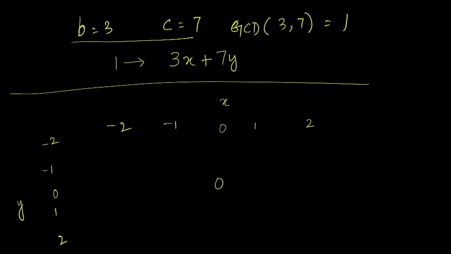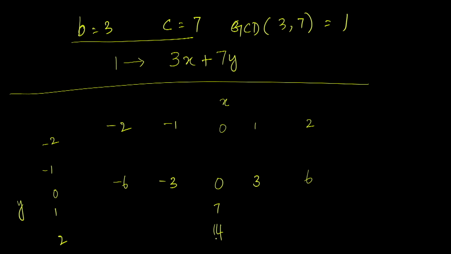When x is 1 and y is 0, we have 3. When x is 2, y is 0, we have 6. On the negative side, we have minus 3, minus 6. When x is 0 and y is 1, we have 7.